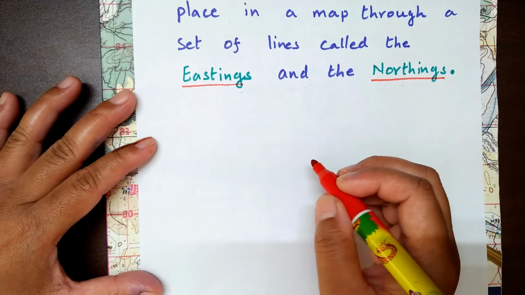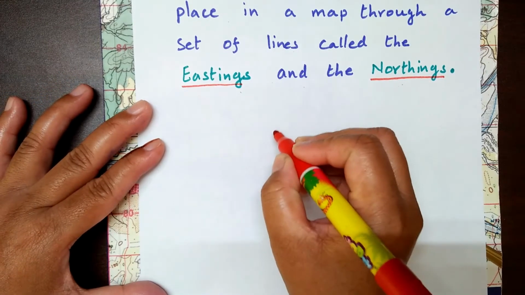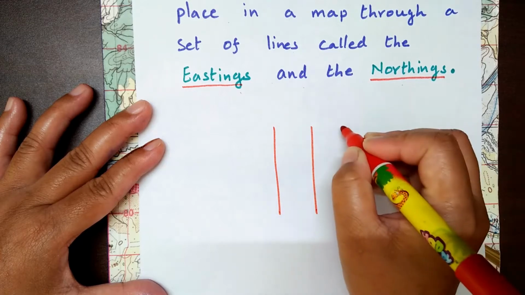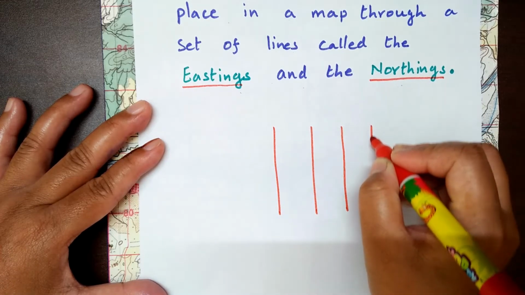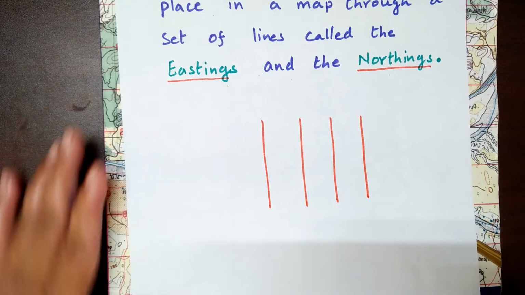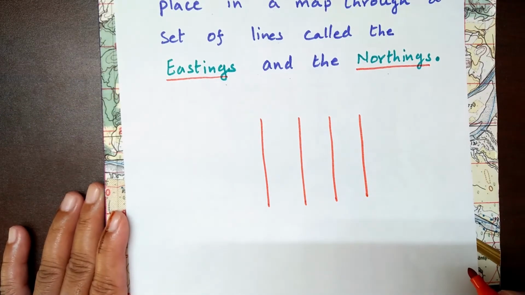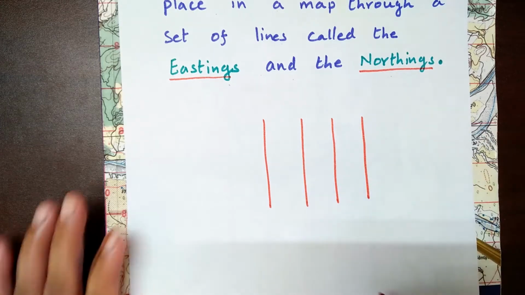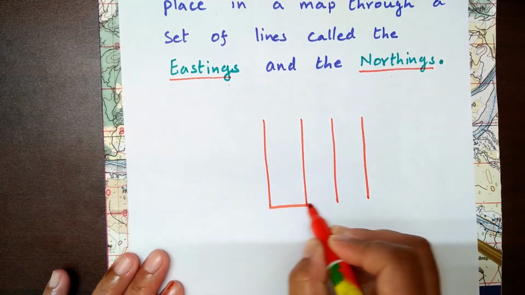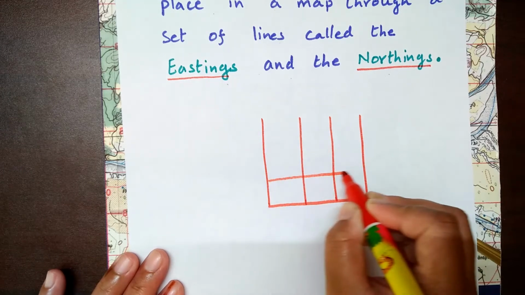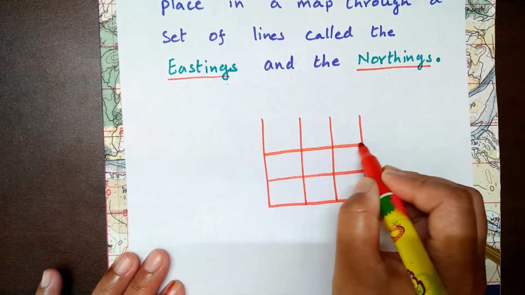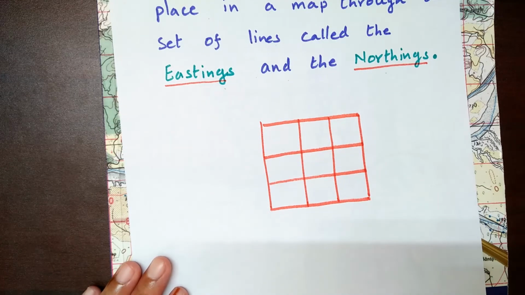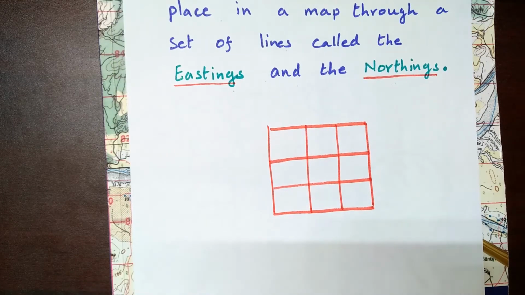If you remember, the grid is somewhat like this. Here you have long lines. These vertical lines, the standing lines, are called eastings. Then this horizontal line, or you can call it your sleeping line, is called the northings.